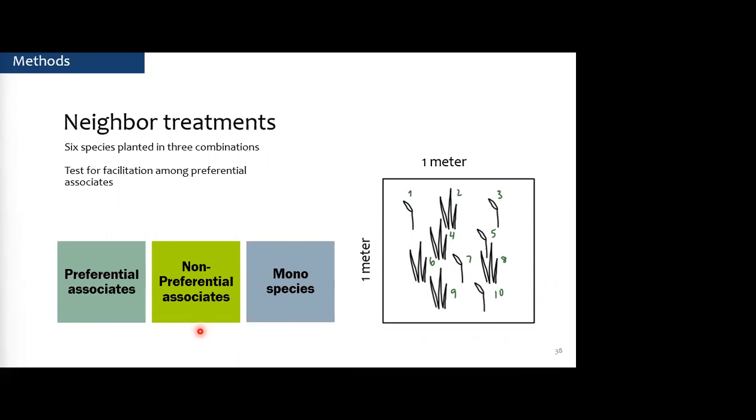So I took the same 6 species and then mixed them and matched them so that they would be planted with a species that was not a preferential associate. And then the third treatment was a single species treatment that would provide a control and a baseline for the survival and biomass of each species without interspecific interactions.